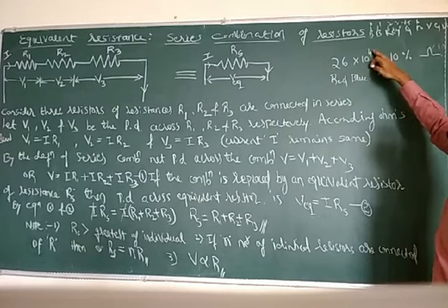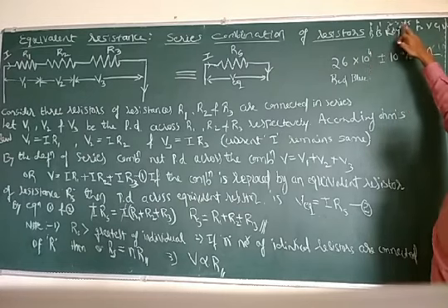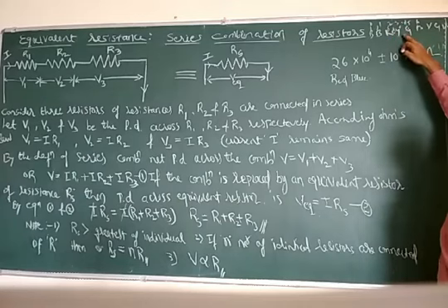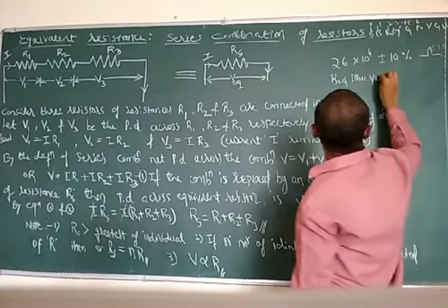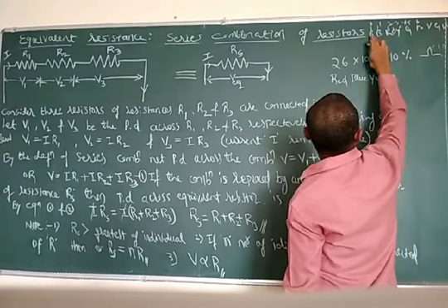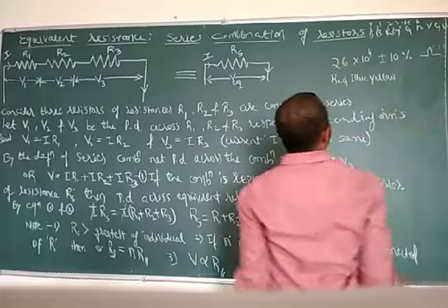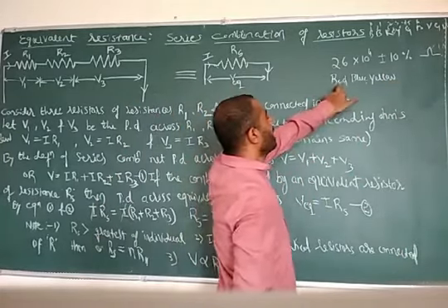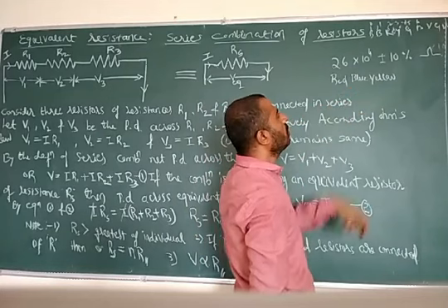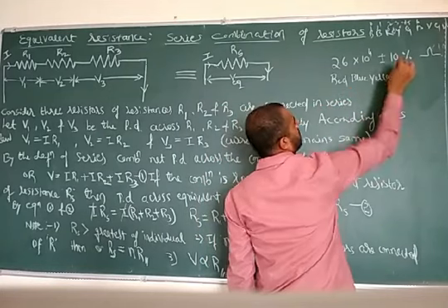Here the power of 10 is 4, and 4 can be represented by the color yellow. Then the possible color combination of this resistor is red, blue, yellow, and then the tolerance.